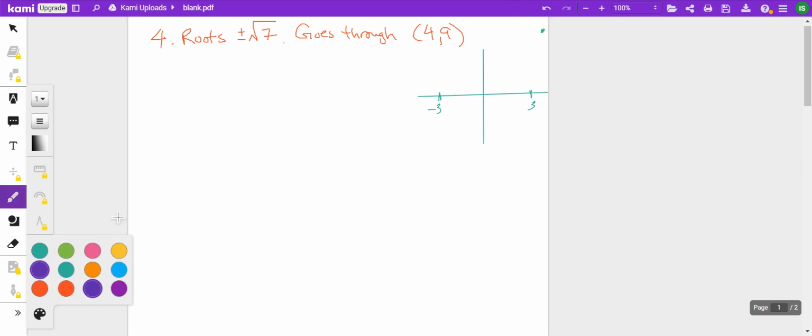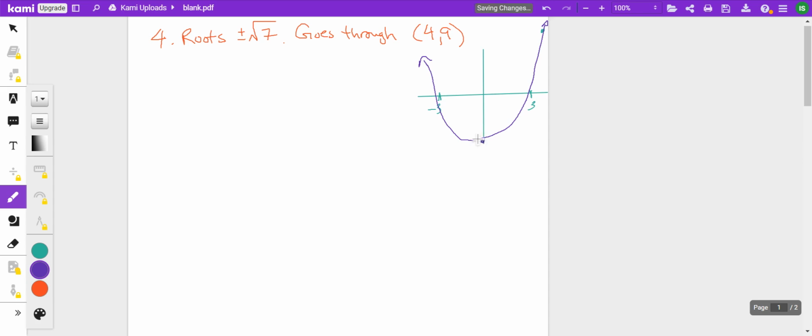And so those 3 hints tell me that the a value will be positive, right? And the parabola will open something like that. Because the roots are opposites, this also tells me that the parabola is symmetrical and that the vertex will be on the y-axis.